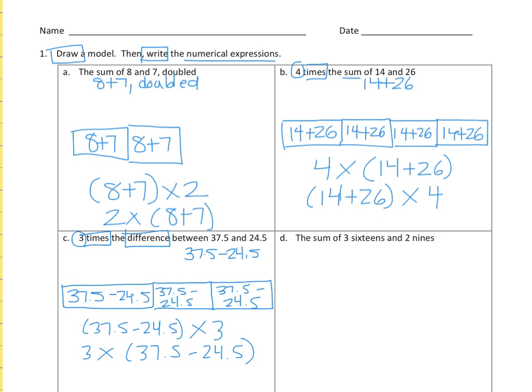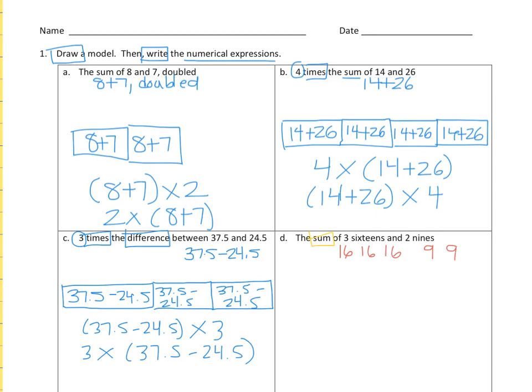All right, 1D, we're looking for the sum, so the addition problem of 3/16 and 2 nines. So think of 3/16 as writing 16 3 times, and 2 nines is like saying 9 2 times.